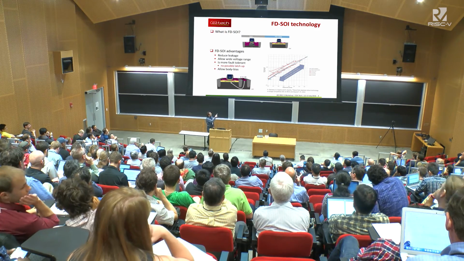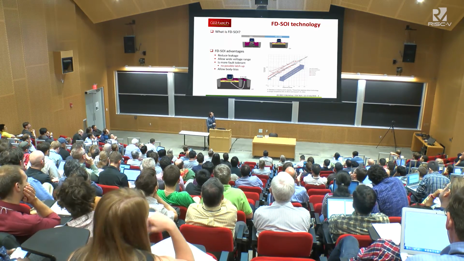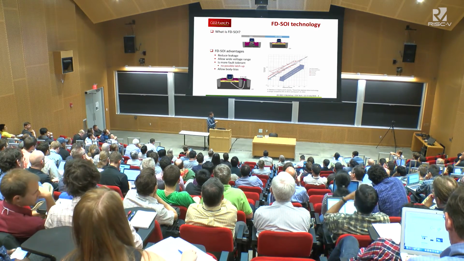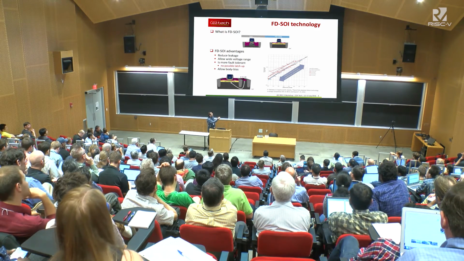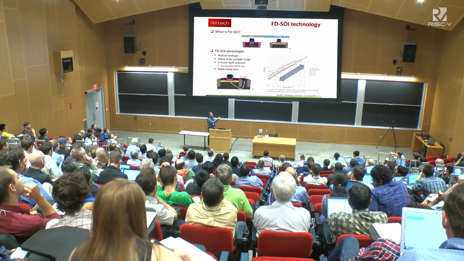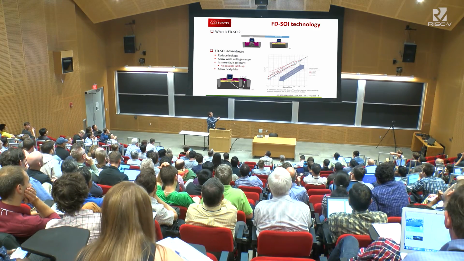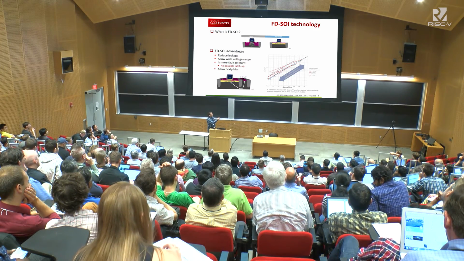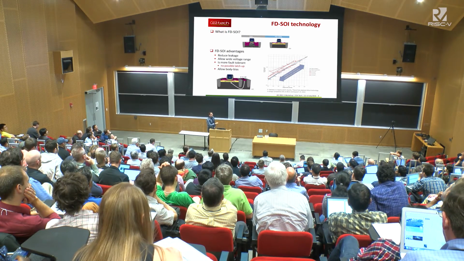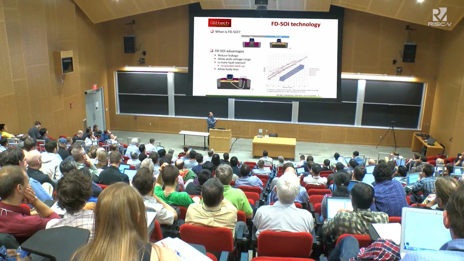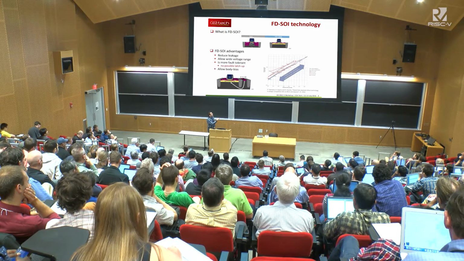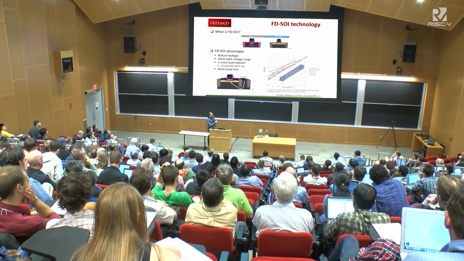On the right, I show you some of the effects. We can show that this technology, which is in blue in this figure, is efficient at low frequency because of the low leakage, so it has low power, and is also able to work at higher frequency with higher voltage.